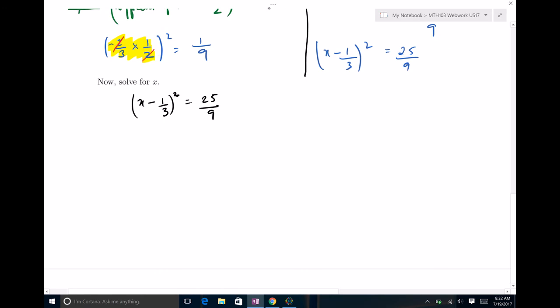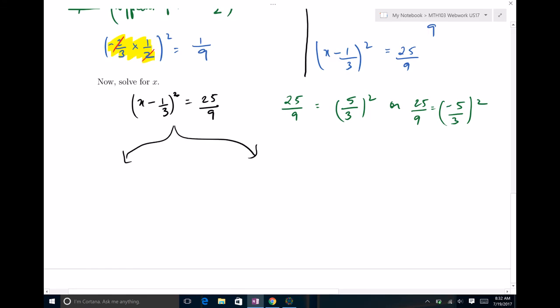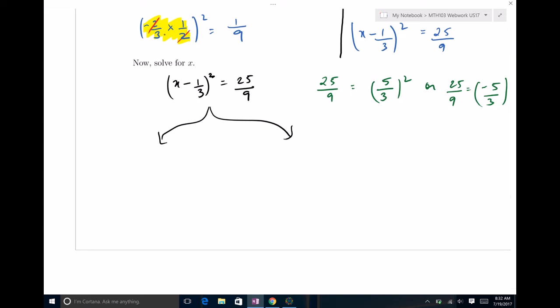It's good to note that 25 over 9 is 5 over 3 the whole squared, or also negative 5 over 3 the whole squared, which means I can split this equation up in two ways. I can either say that x minus 1 over 3 is equal to 5 over 3, or I can say that x minus 1 over 3 is equal to negative 5 over 3.